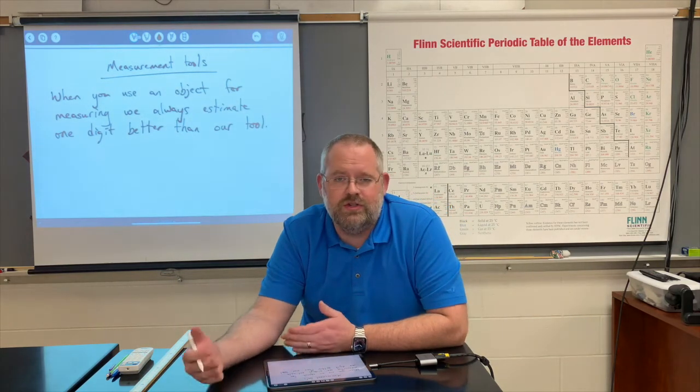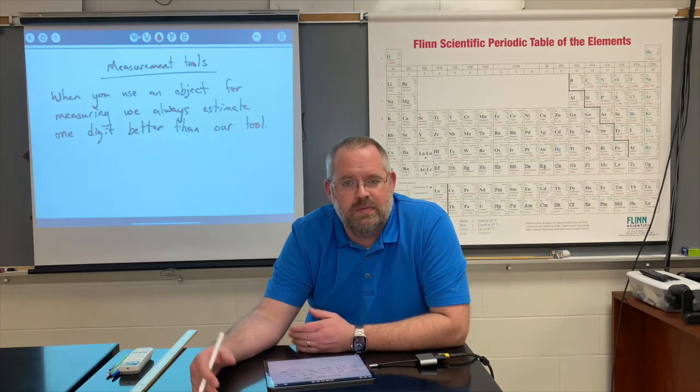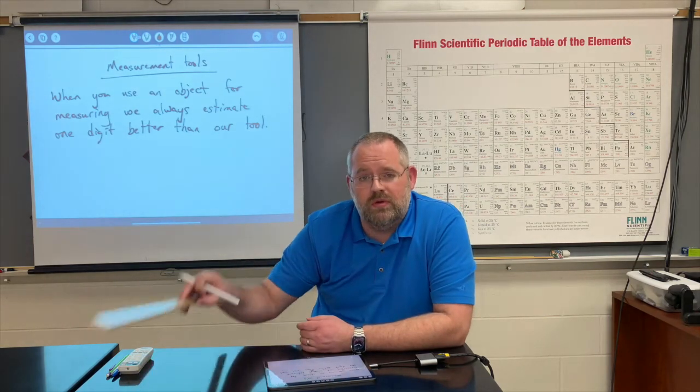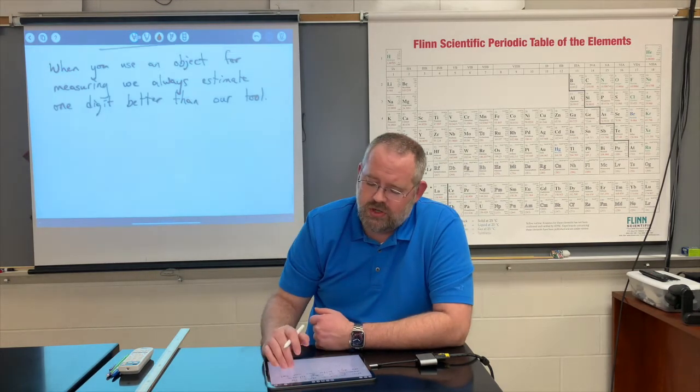Now, if you have a digital scale, you don't want to measure. But if you're using a handheld scale or a triple beam balance, or you're using a ruler or a meter stick or a yardstick, you are going to estimate. So let me show you what I mean.